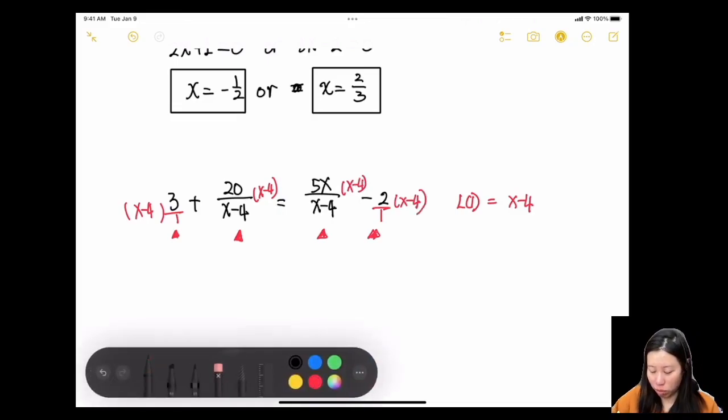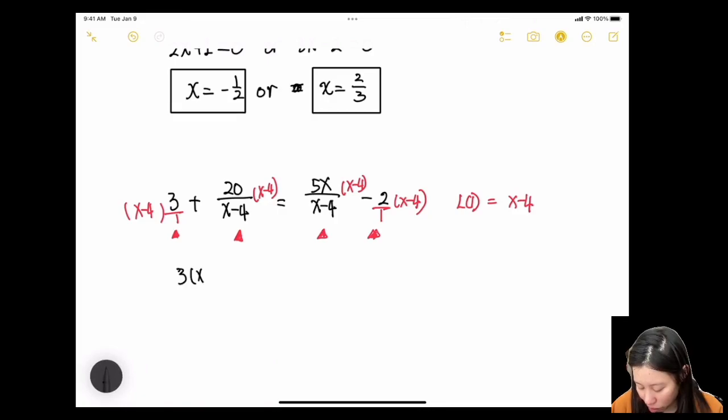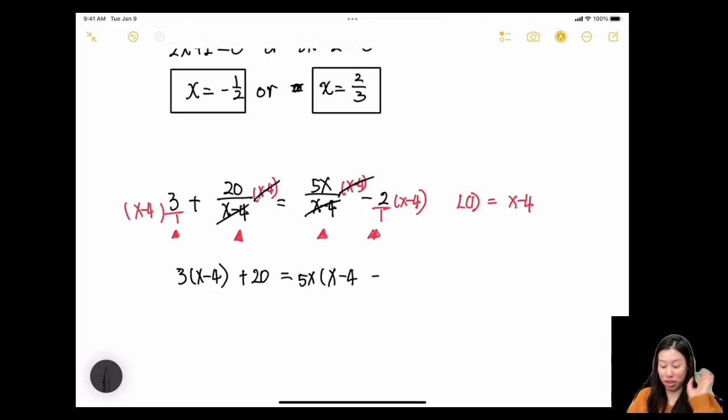Okay, now let's simplify it. I have 3 times x minus 4, and these cancel. Plus 20. And then 5x times x minus 4. Oh yeah, this cancels. I'm sorry, this got canceled.